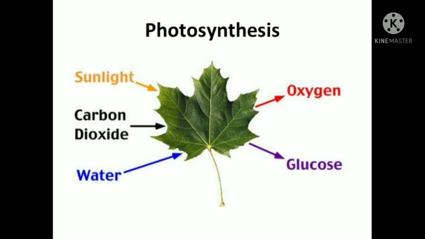Then you all know that it is the natural process by which oxygen is liberated into the atmosphere. Since carbon dioxide is used by green plants, photosynthesis also helps to control the carbon dioxide concentration in the atmosphere. And last but not the least, all the useful plant products such as timber, fiber, oil, rubber, resins, they all are derived by photosynthesis.